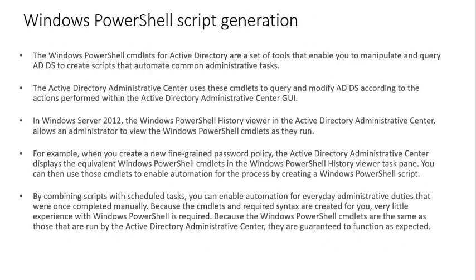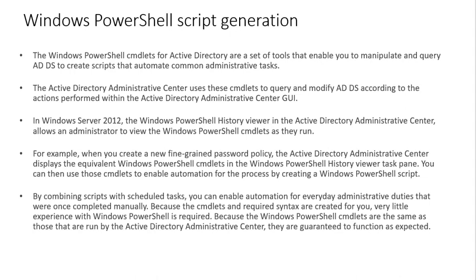Last is PowerShell script generation. The Windows PowerShell cmdlets for AD are a set of tools that enable you to manipulate and query ADDS to create scripts that automate common admin tasks. The AD Admin Center uses these cmdlets to query and modify ADDS according to the action performed within the AD Admin GUI. In 2012, the Windows PowerShell History Viewer in AD Admin Center allows the admin to view the PowerShell associated with these settings.